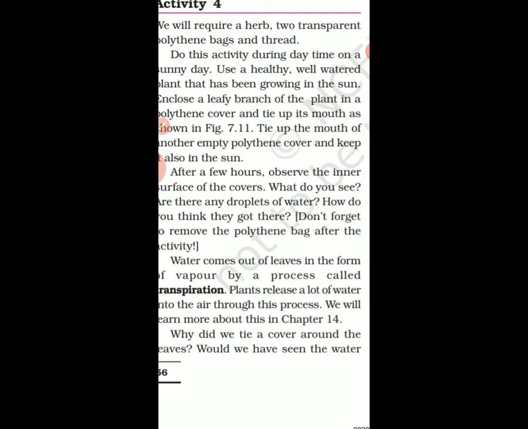Plants release a lot of water into the air through this process. This is called transpiration, and through this process a plant will release a lot of water in the form of vapor, and this process is done by leaves, right? So this activity was to understand the process of transpiration.